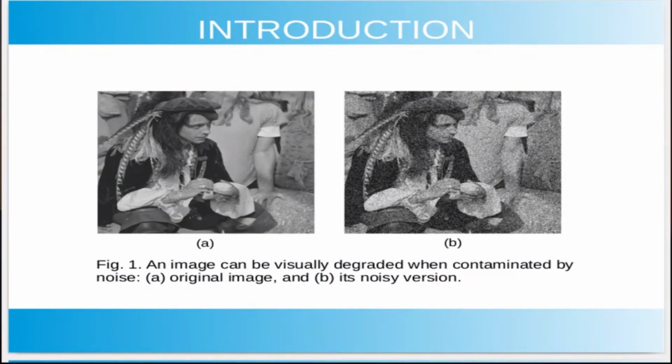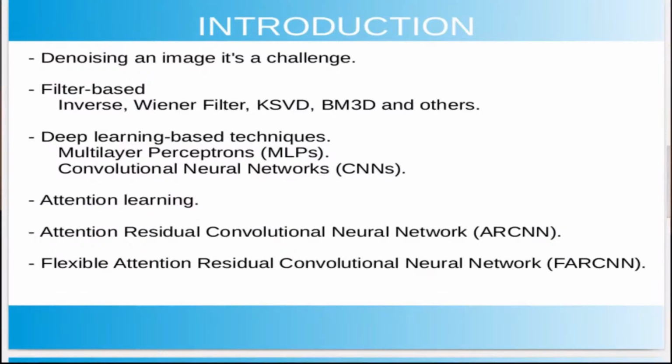Denoising an image is a challenging task, mainly because the noise is related to its high frequency content, that is, the details. The goal, therefore, is to find a compromise between suppressing noise as much as possible and not losing too much detail. The most commonly used techniques for image denoising are the filter-based ones, such as the inverse, Richardson-Lucy, and Wiener filter.